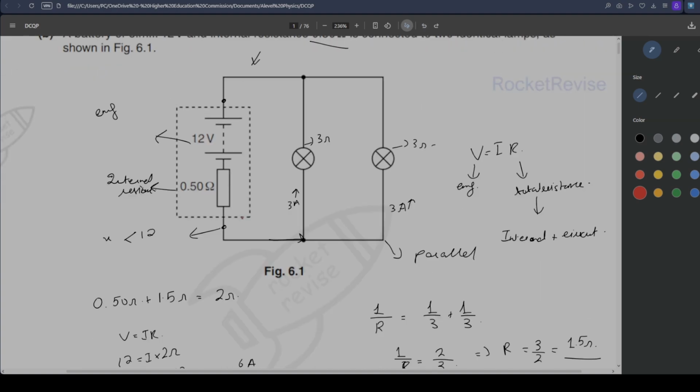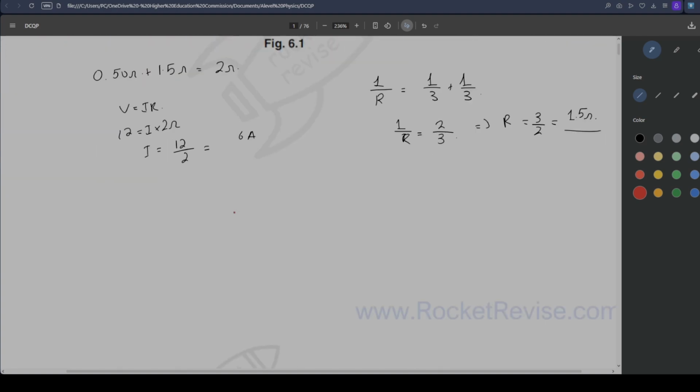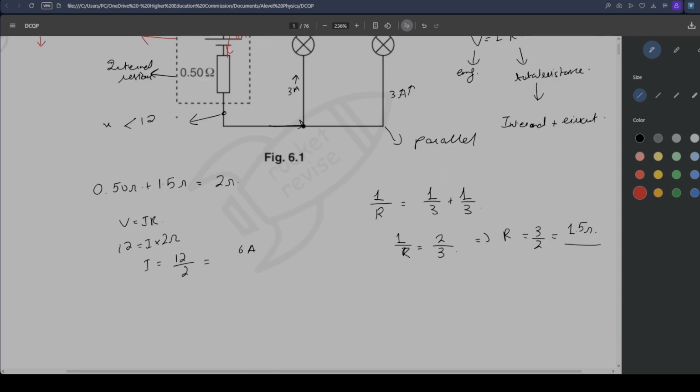But if we wanted to, the proper method would be you have 12 volts over here, and you have 0.5 over here, right? And you know that the total current is 6 amps. So first you would calculate how much voltage the internal resistor in the battery is taking up.